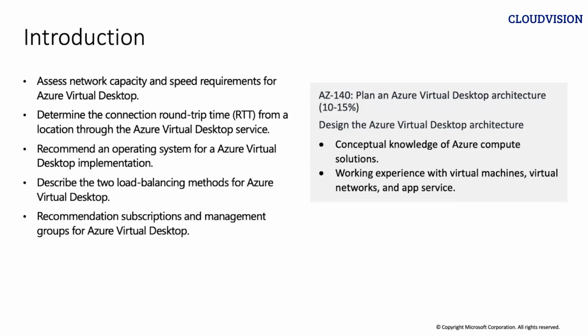So the point is basically optimization. And it depends on the location through which your Azure Virtual Desktop service is being connected, reached. So how would you be able to come to know about the round trip time? This section actually helps you get some understanding about those areas.